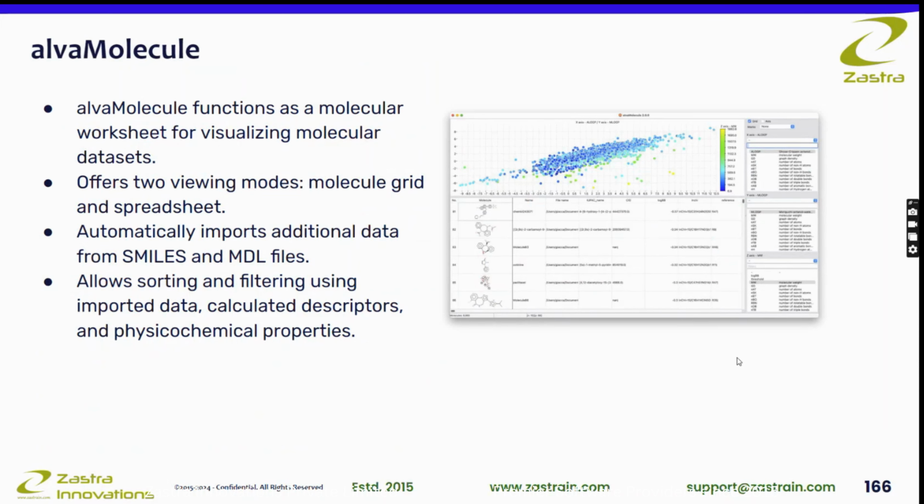So Alva Molecule, as I've told you, is for data curation and a worksheet for visualizing the molecules. So if you have a data set, and that data set has 100, 10,000, 1 lakh compounds, you can easily visualize those compounds.